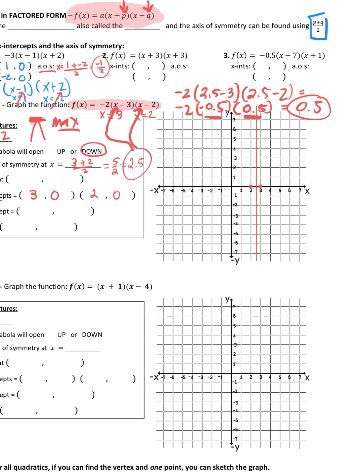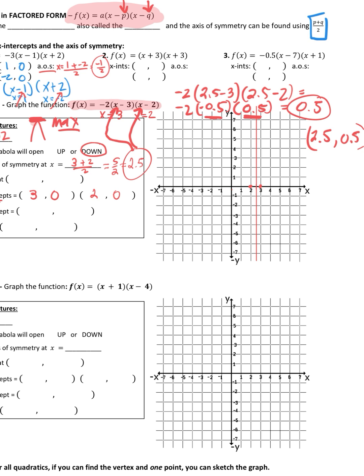So there is a point on the graph, (2.5, 0.5). That is the vertex, or the maximum value of this graph. So let's plot that. On the x-axis, it's 2.5, which is right here. We already indicated that, right?